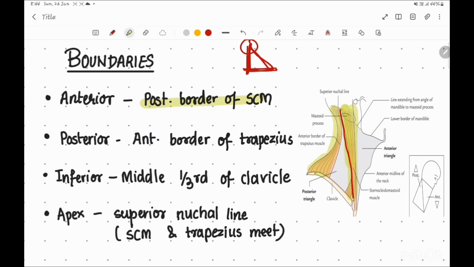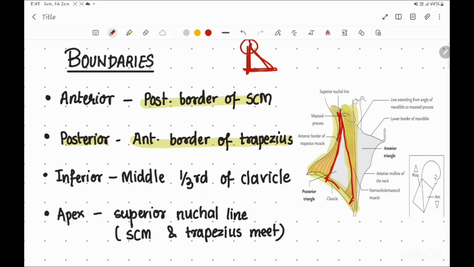Then we have trapezius muscle that is forming the posterior boundary, the anterior border of trapezius forming the posterior boundary. This is the anterior border of trapezius. Also, the base of the triangle is formed by clavicle, that is present over here.